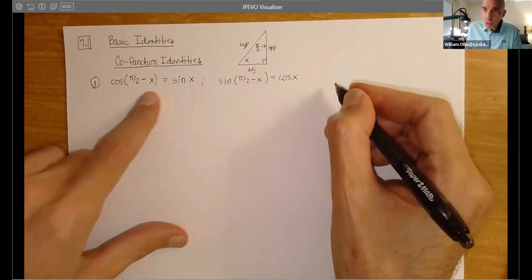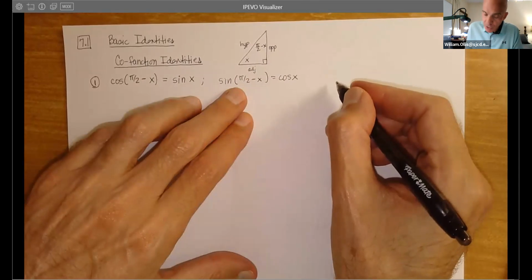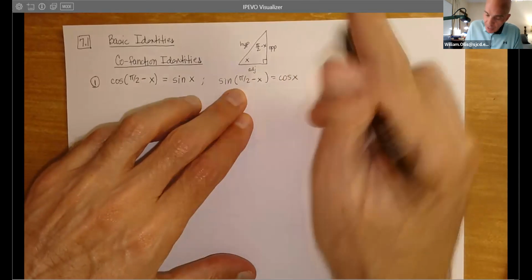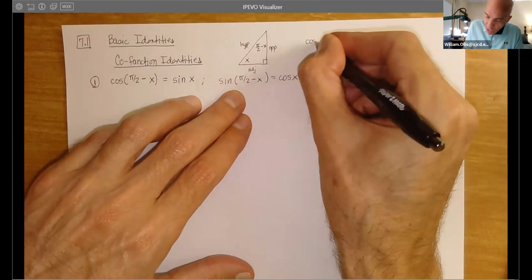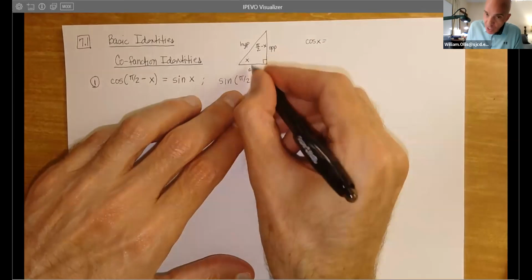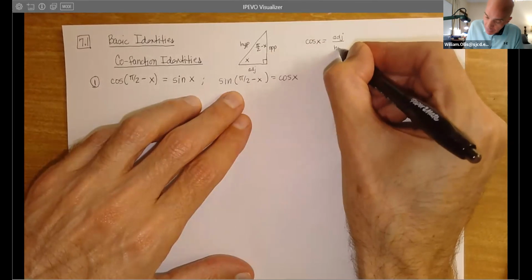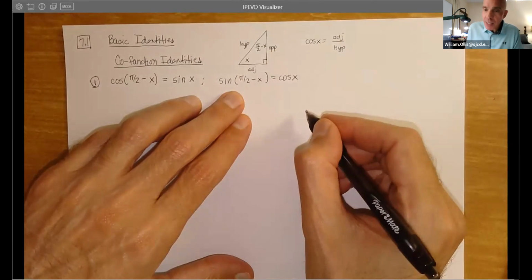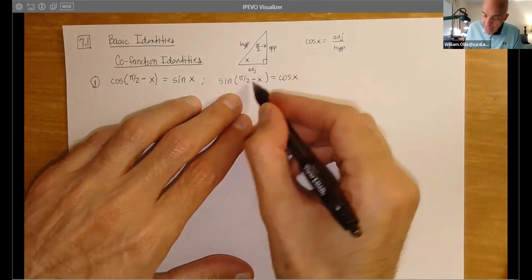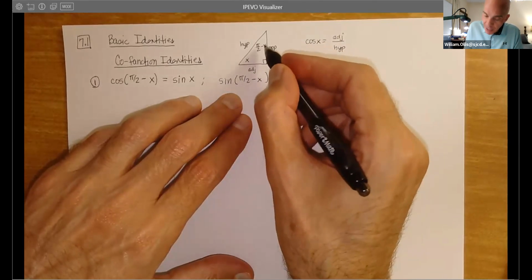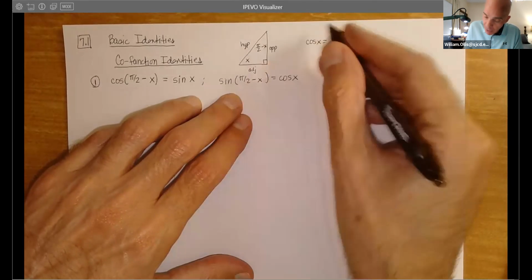These are equivalent, but let's just see why this is true. What about cosine of x? Cosine of x is just adjacent over hypotenuse. That was easy enough. And then what if I do sine of pi over 2 minus x? That's just opposite over hypotenuse.